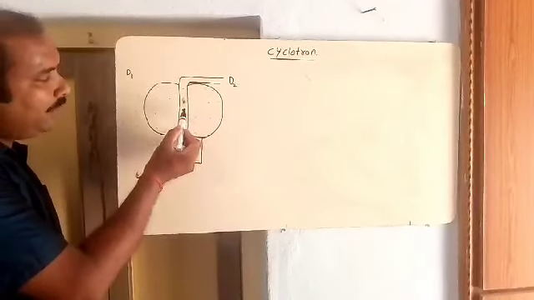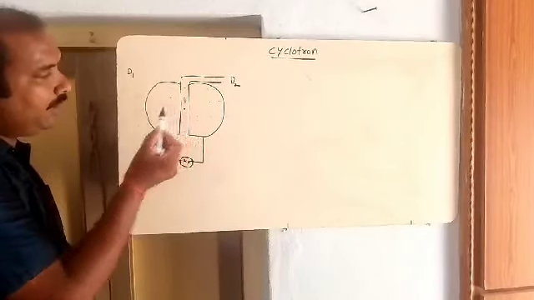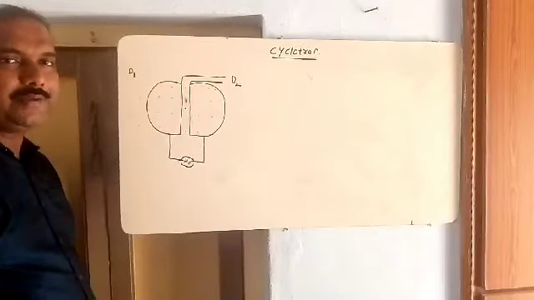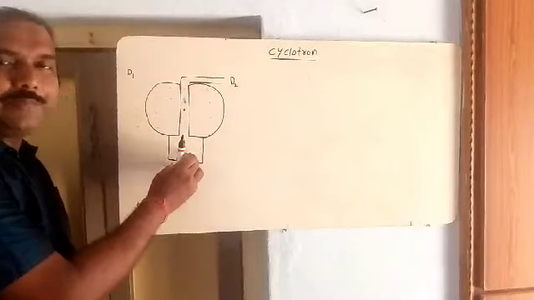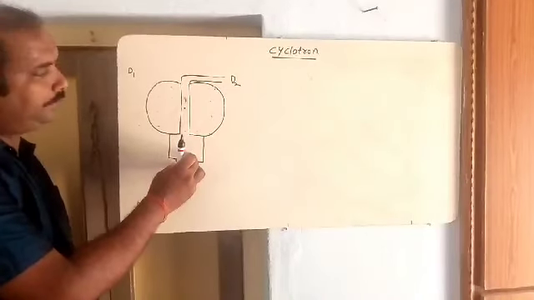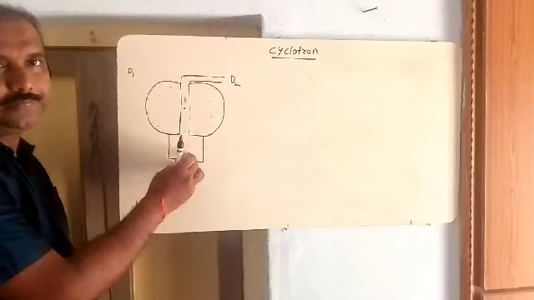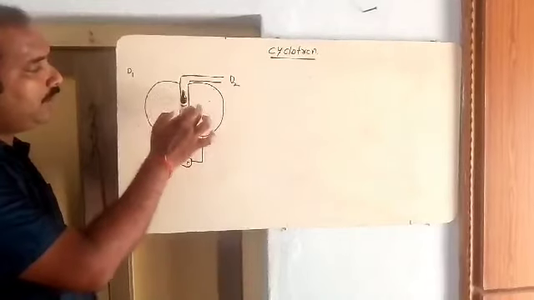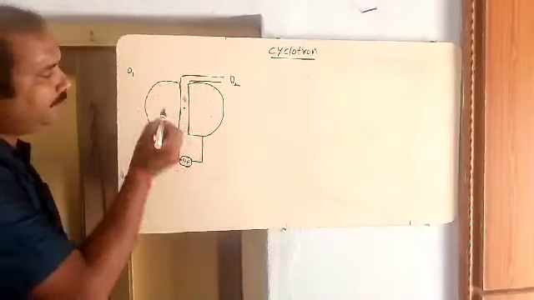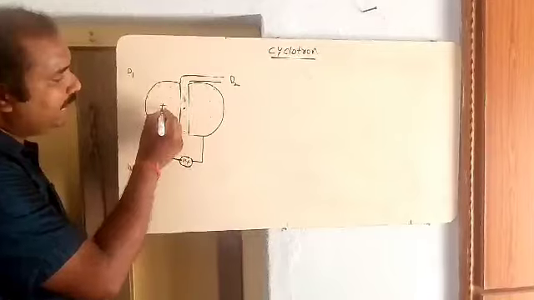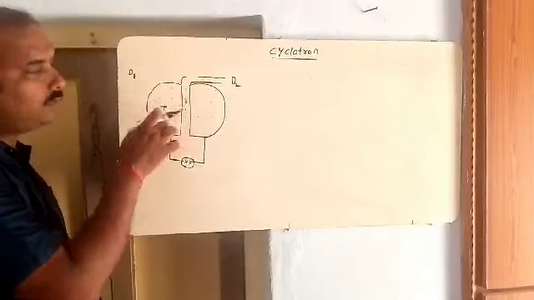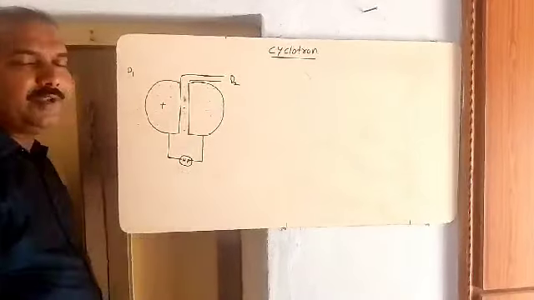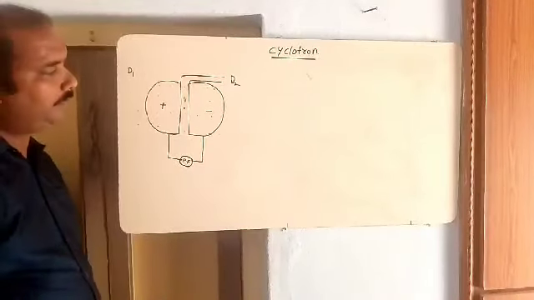Now, if I keep one charged particle between the D's, what is happening? By using this high frequency oscillator, one D is positive and another D is negative. That means this D is positive, positive means it is at high potential, and this D is negative, that means it is at low potential.